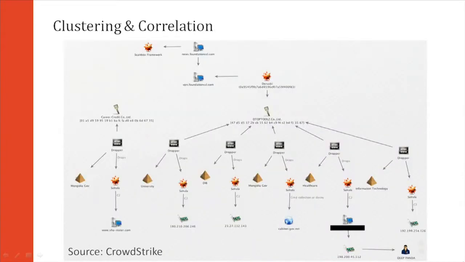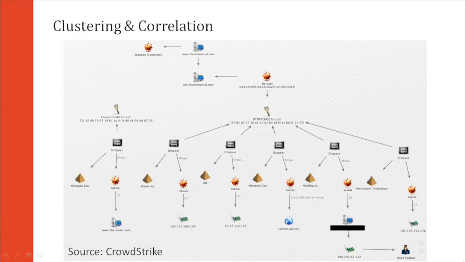And here is the correlation, okay? So basically, this is the final goal, to have, as you can see in the middle, that specific MD5, which if you go and start analyzing it, you extract features, you extract behaviors, you will realize that, okay, this specific binary probably has a specific key, and then it will drop into specific systems, and then will connect to specific IPs.